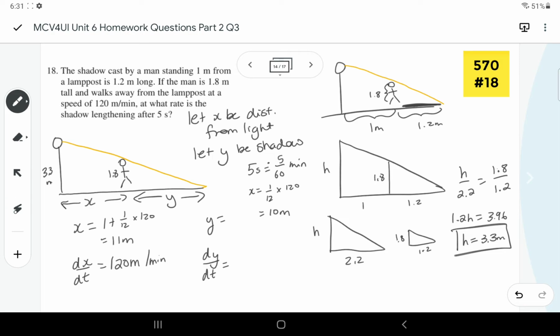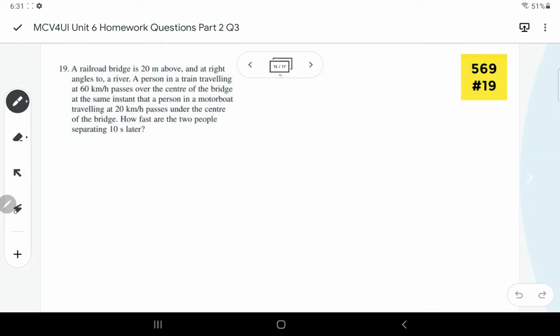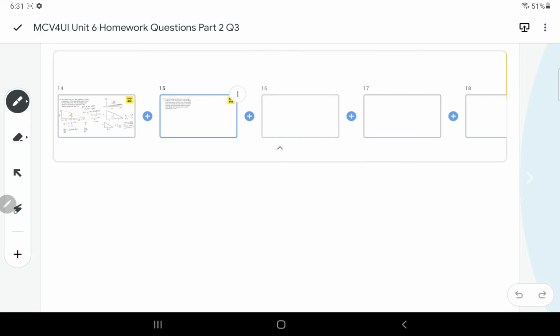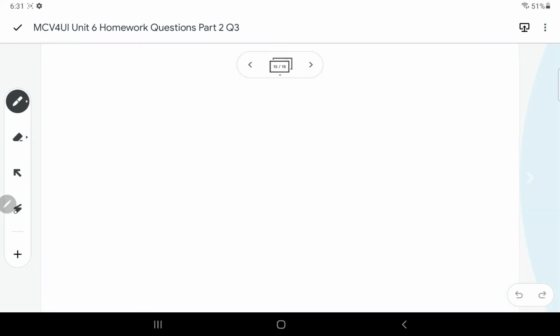Now, if we want to figure out what the y value is, I think I'm just going to go on to another slide here. So I know that my x is going to be 11 meters and my dx/dt is 120 meters per minute.